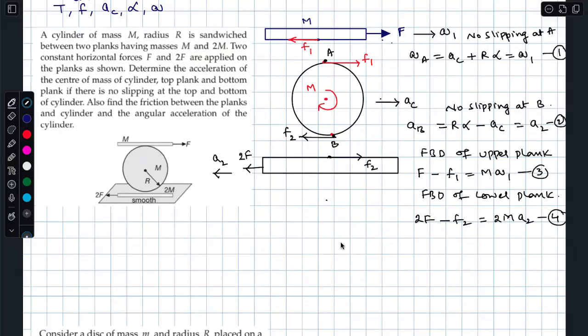Next, free body diagram of cylinder: F1 minus F2 is equal to MAC, equation 5. F1 plus F2 times R is I alpha, equation 6.